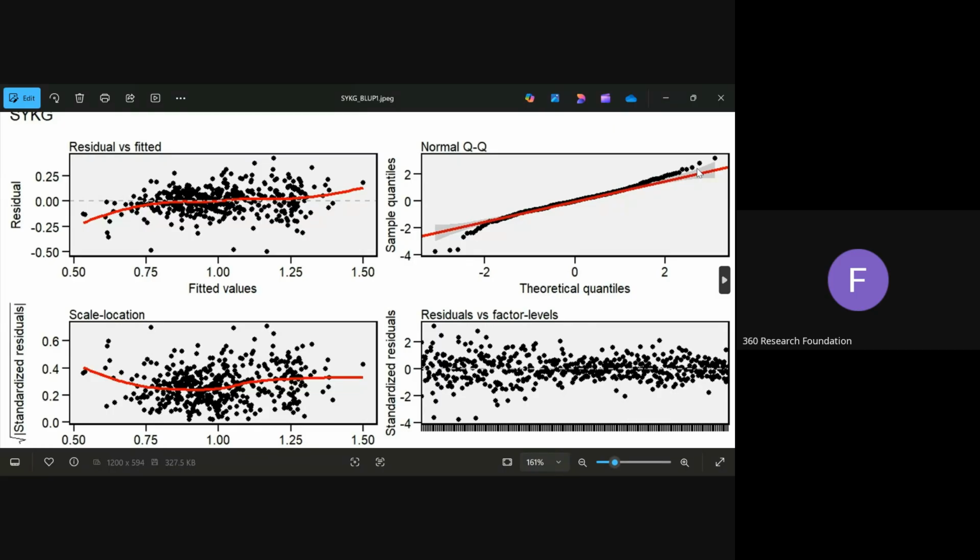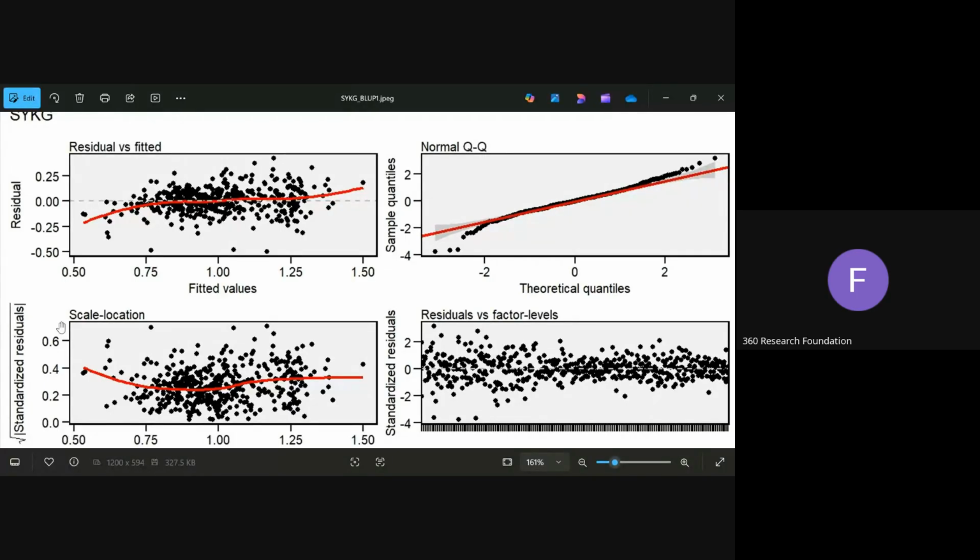Now the third is the scale location plot. Here, on the x-axis there are the fitted values, and on the y-axis the square root of the absolute standardized residuals.